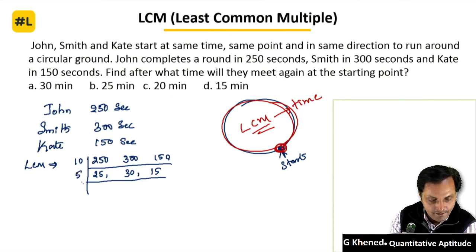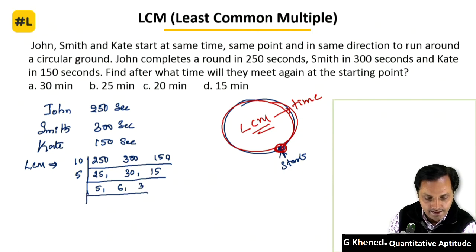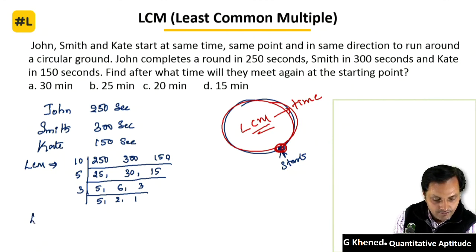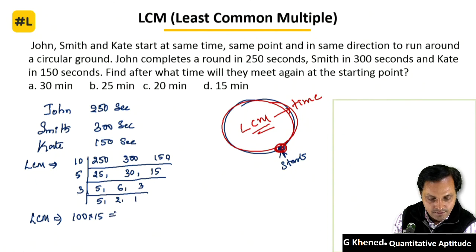Again these will go with 5, 5 5s are 25, 5 6s are 30, 5 3s are 15. You need to find the LCM. Again it will go in 3, 3 2s are 6, 3 1s are 3. Yeah, so you need not divide again, just you can find the LCM. What will be your LCM? 10, 5 into 2 is again 10, 100, 5 3s are 15. So this will give you 1500 and they are seconds.